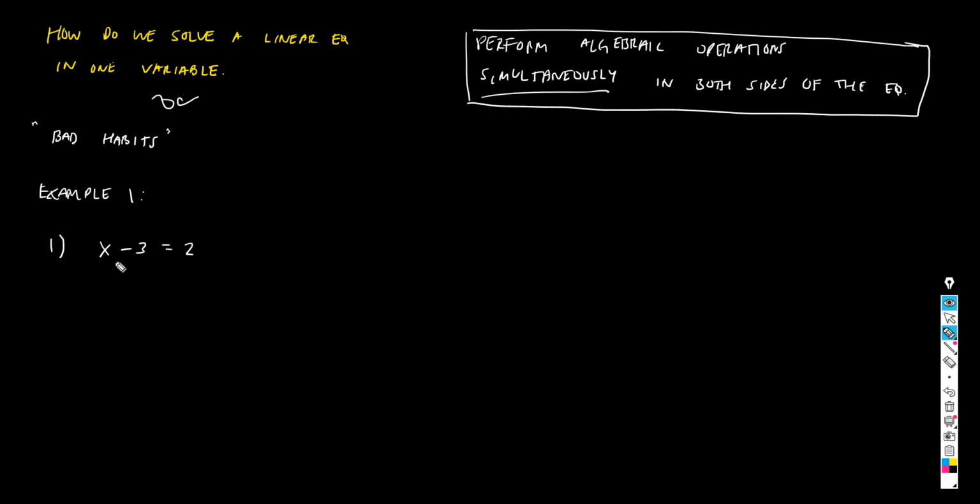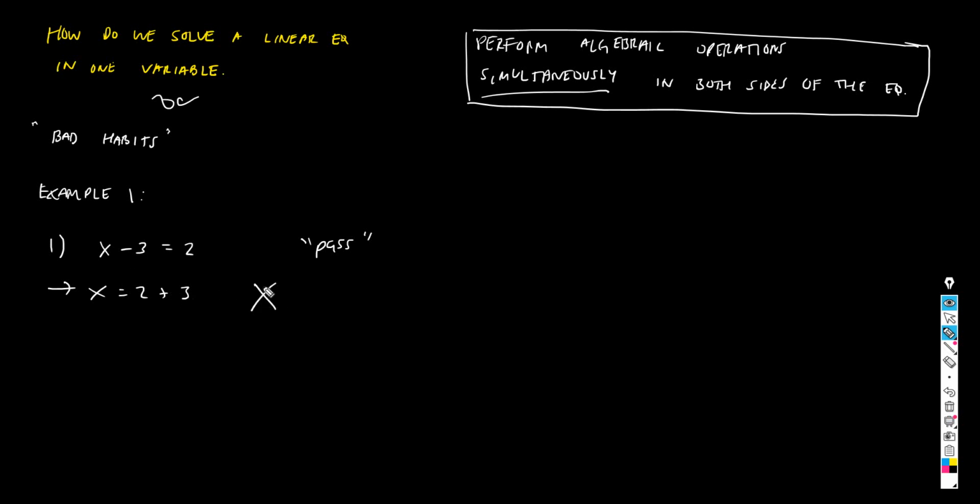I believe most of you were told, for example, when facing this equation, x minus 3 equals 2, a lot of you were told to just pass the number minus 3 to the other side, like in this way. And if it was negative, it's gonna pass as positive. It passes with the opposite sign.